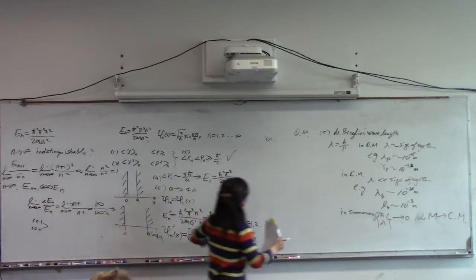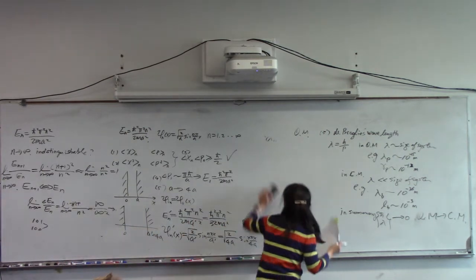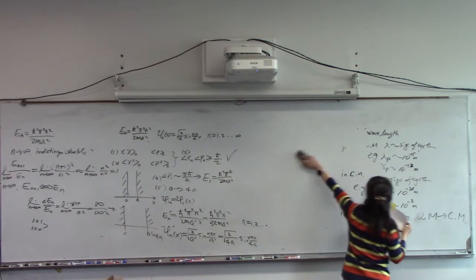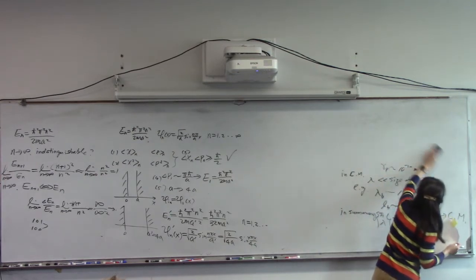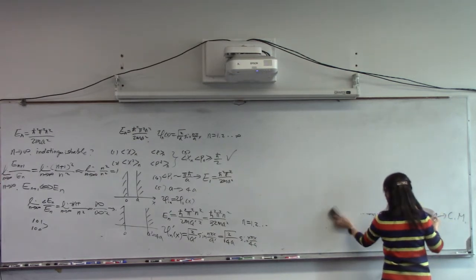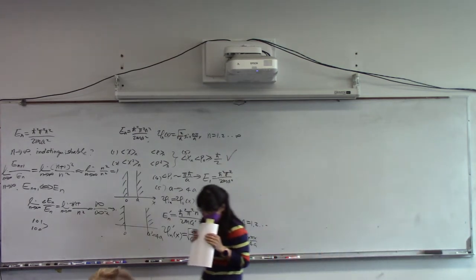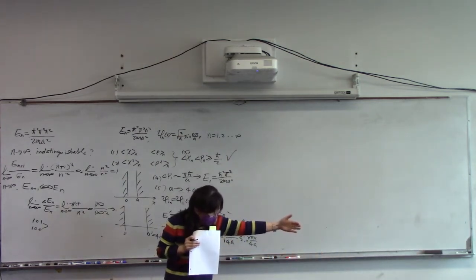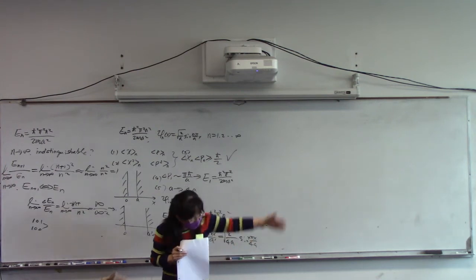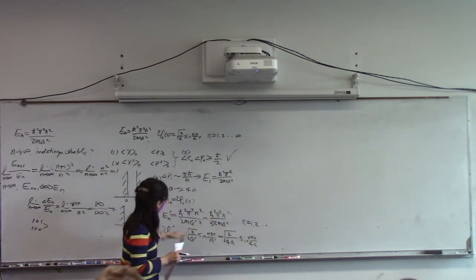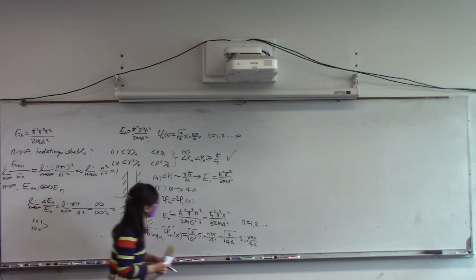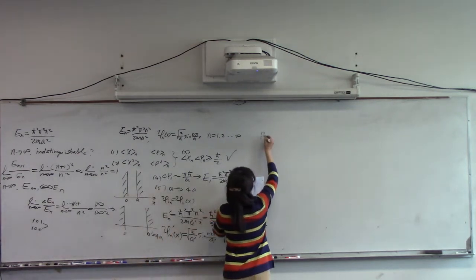Okay, now the question asked is: if the initial state is just the ground state of the previous system, the narrow well, and now suddenly you move the wall, so it becomes the new states, right? The new eigenstates are this one. So now what is the probability?